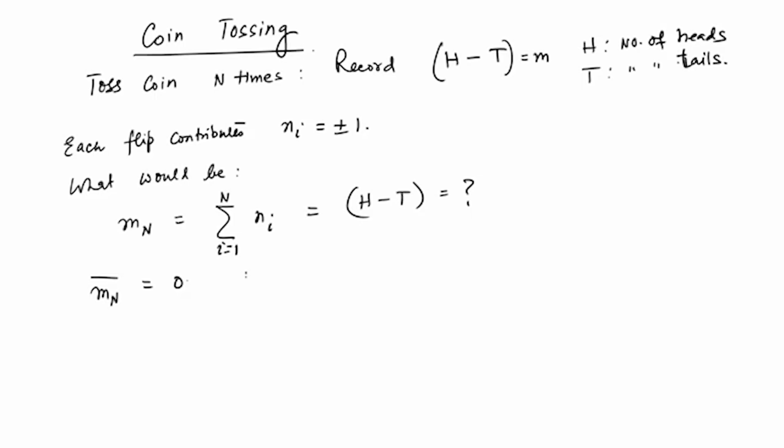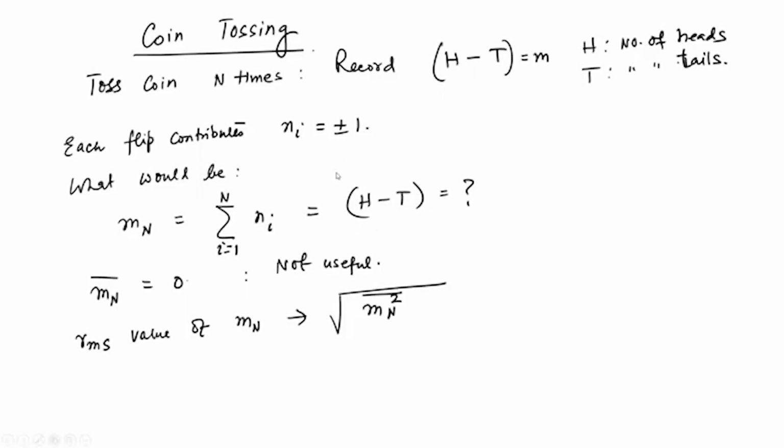So, this is not useful, but what could be useful is the RMS value of Mn, which is given by the square root of Mn square average.